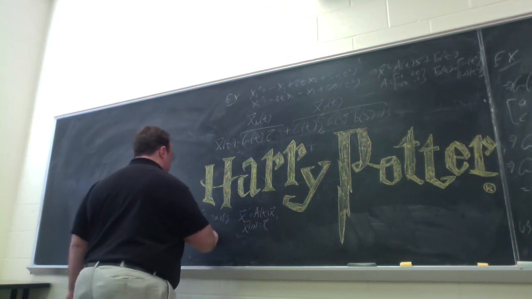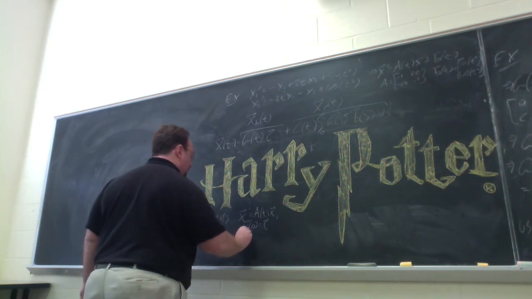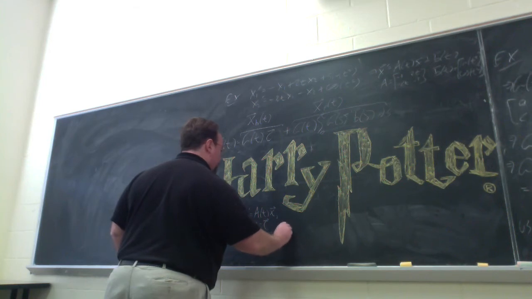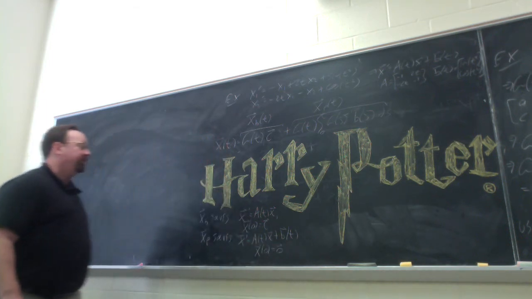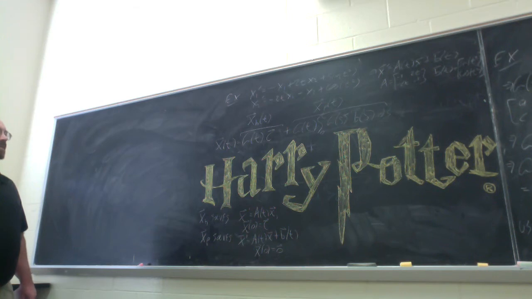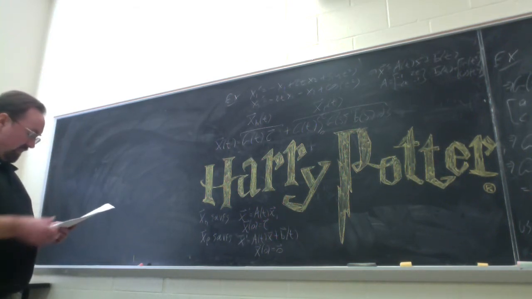And then xp is a particular solution of the non-homogeneous system with b of t added in, and then the initial condition is 0. So basically we're just decomposing the solution into two parts. You probably would have seen that in your first DE class where you'd have homogeneous solution plus particular solution.